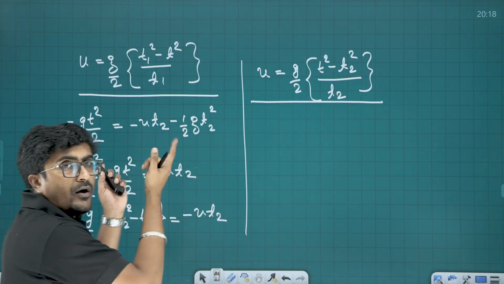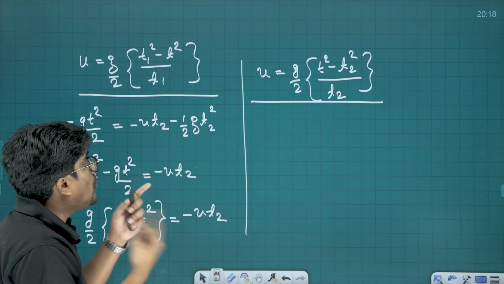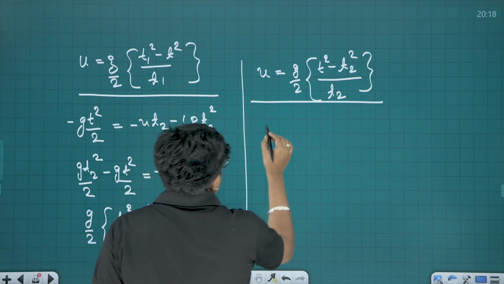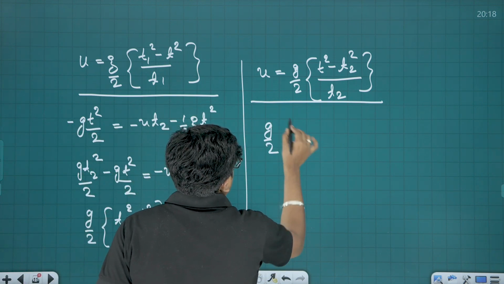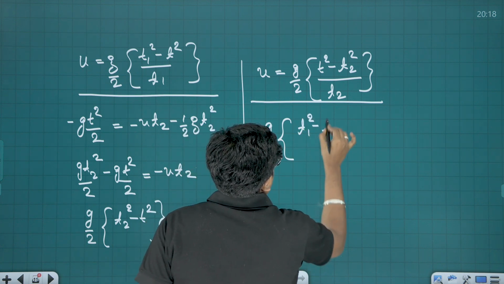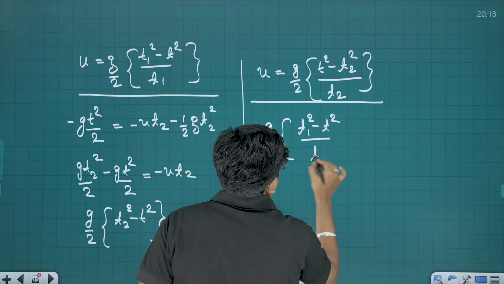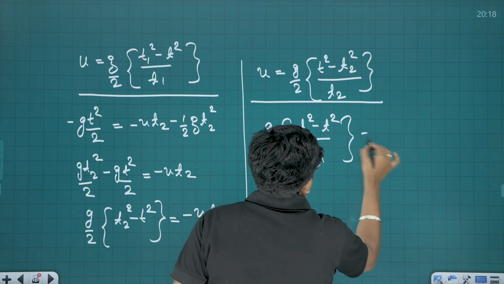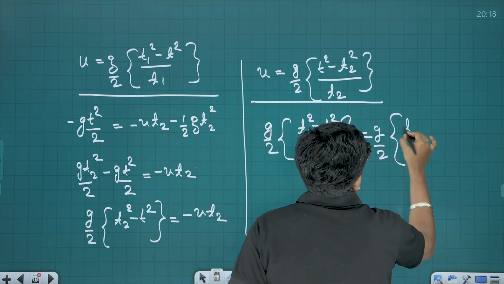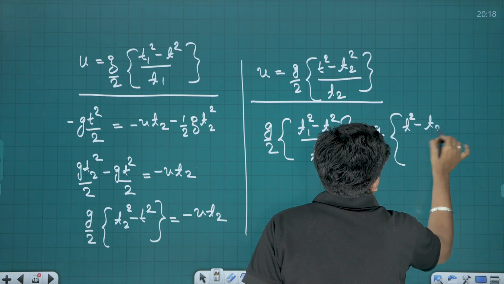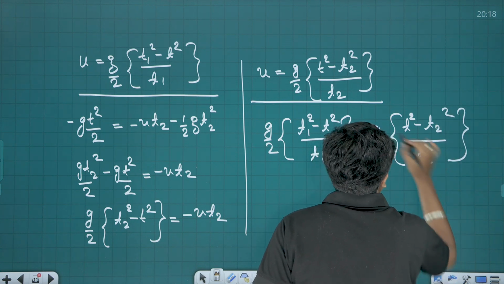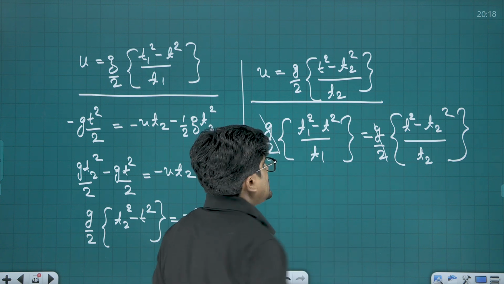Since on the left hand side for both equations it's u, I can equate the right hand sides. That means g by 2 into t1 square minus of t square upon t1 is equal to g by 2 into t square minus t2 square upon t2. g by 2 and g by 2 will cancel.